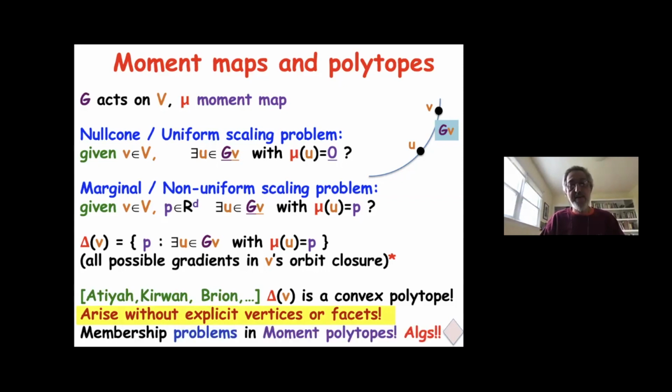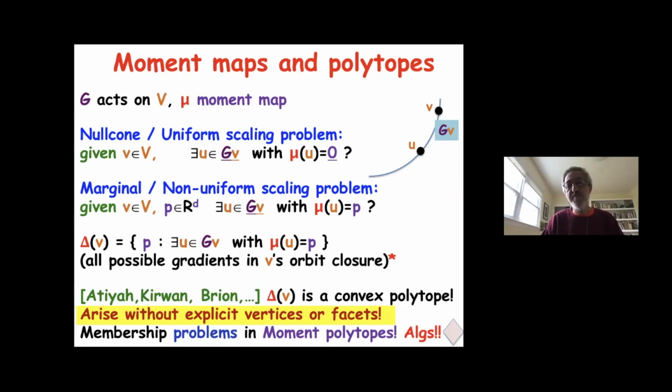And the problems I asked about, the null cone and the marginal problems, you can now translate them. We ask whether some vector can arise as a moment map of some point in the orbit. Well, it's just a question of membership in a convex polytope. And the null cone problem is a question about membership of zero in a convex polytope. So this may help answer your question. There's another interpretation now: you don't have to look at the null cone.